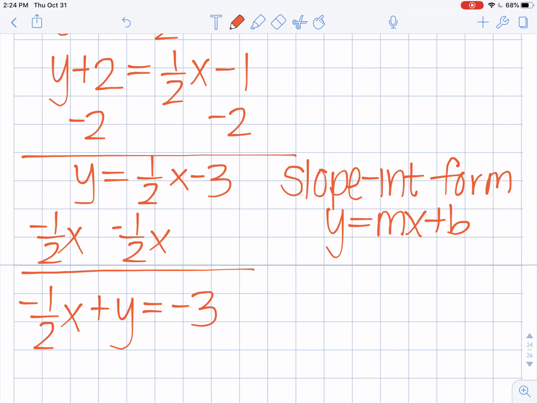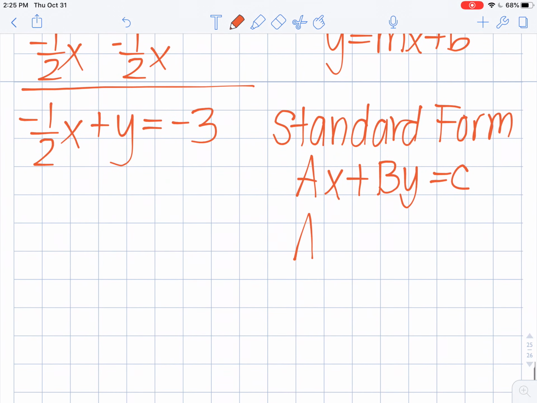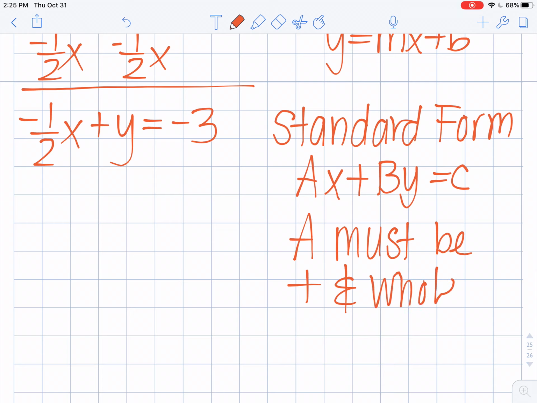Now, remember, standard form looks like ax plus by is equal to c, and your a value must be positive and a whole number, no fractions.